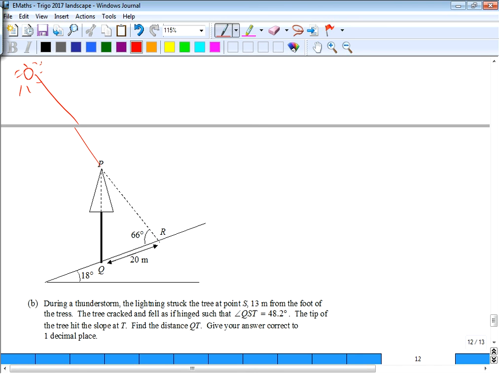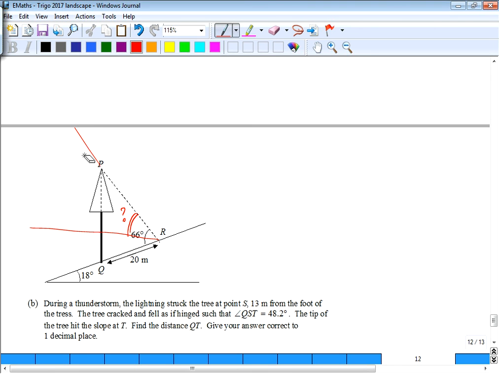Okay, so given this, we can find the angle of elevation of the sun from Aura. So we want to find this angle. Given that the sun is here, it doesn't really matter already.